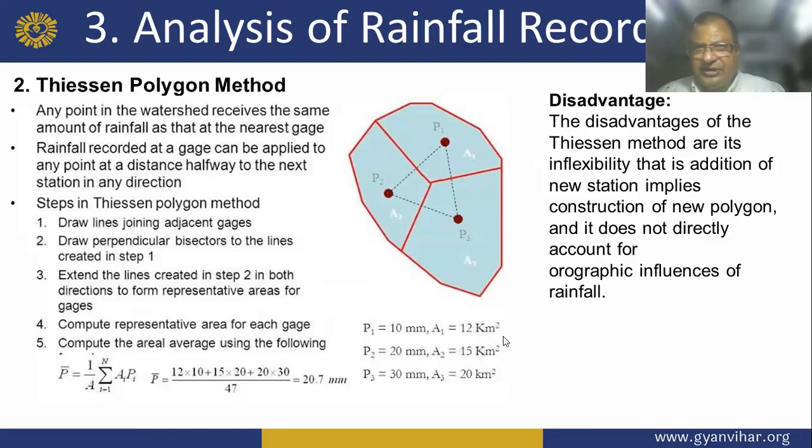And very important for the estimation of missing data is the Thiessen polygon method. Now this is the Thiessen polygon method.